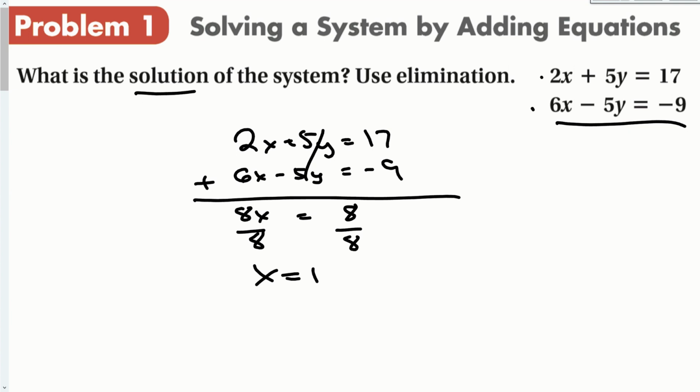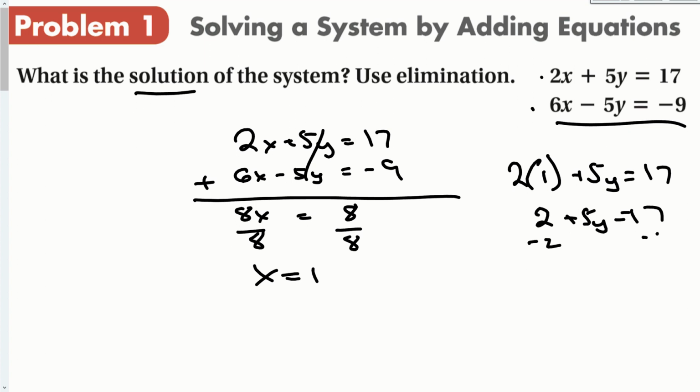So now that I have x, I can plug it into either the top or the bottom. Pick whichever one looks easier. Let's pick the top one because less negatives. So 2 times 1 plus 5y is going to be 17, which gives me 2 plus 5y is 17.